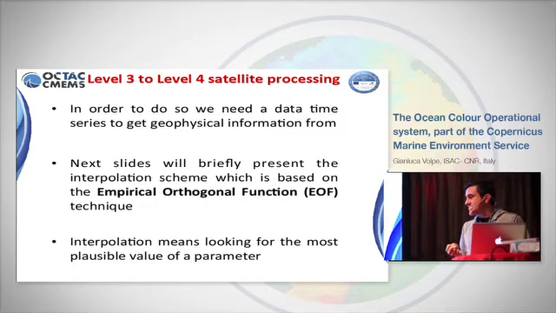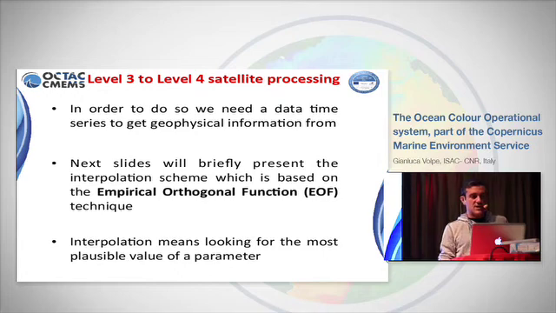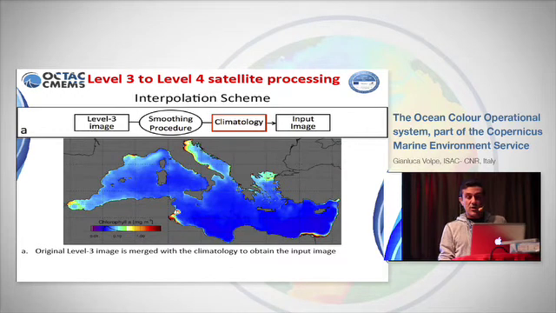Interpolation means basically trying to imagine what is the most plausible value for that variable, for that parameter, in that precise space and time. And we use the climatology as a first guess for this value.